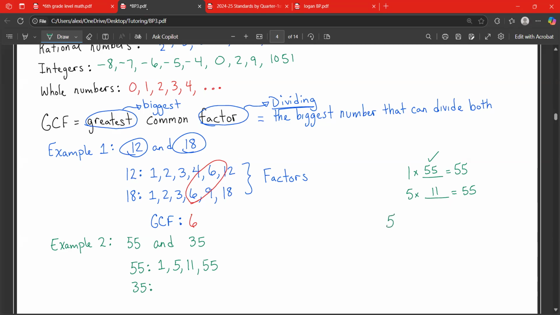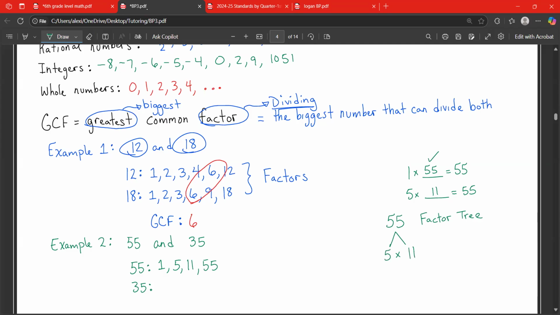Now, you may be taught this thing called a factor tree, or you may have already been taught it, which is great. If you haven't, you write the number and then you put these legs underneath it and you say, okay, what two numbers can I multiply together to get 55? Well, 5 times 11.